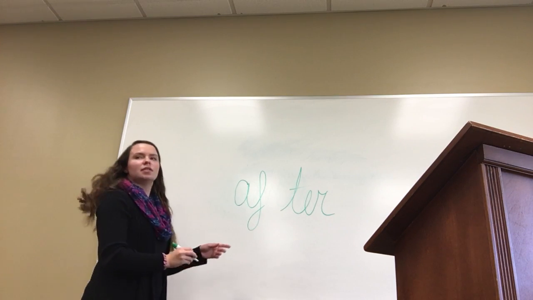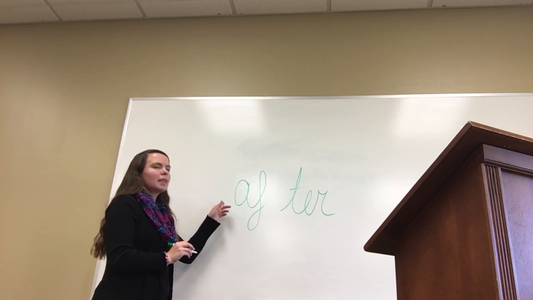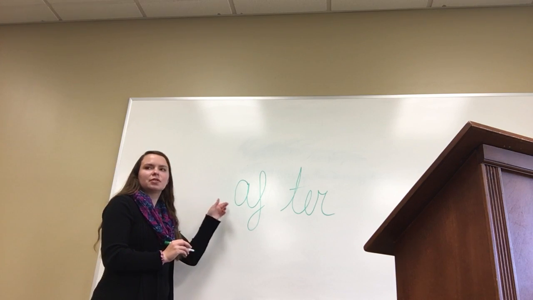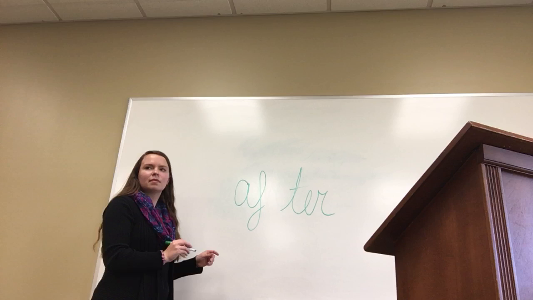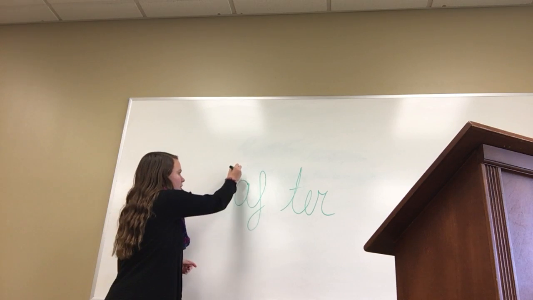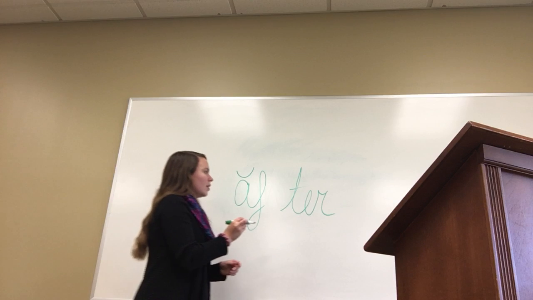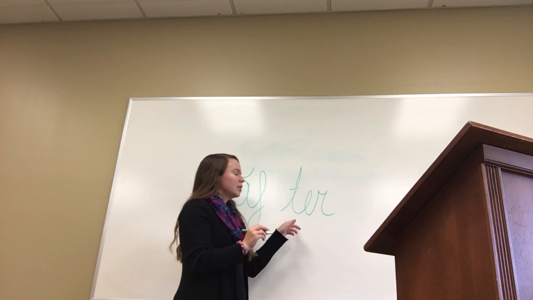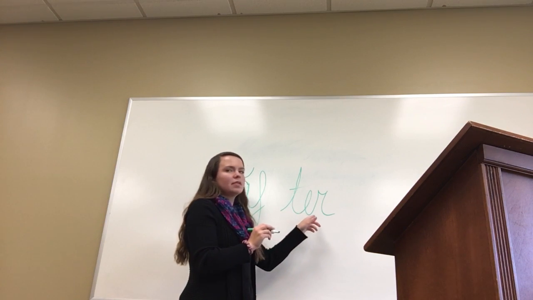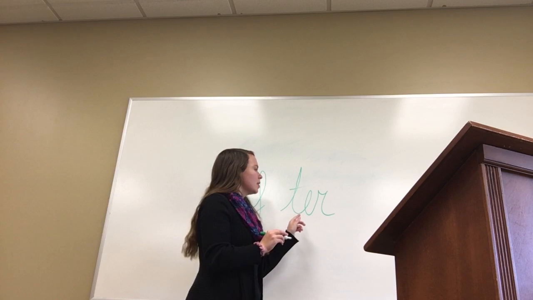Okay. So how would we decode this first syllable? Place a breve over the A. Good, because it's making its first sound. All right, now we have something different in this word. We have two letters working together, so how would we decode that?